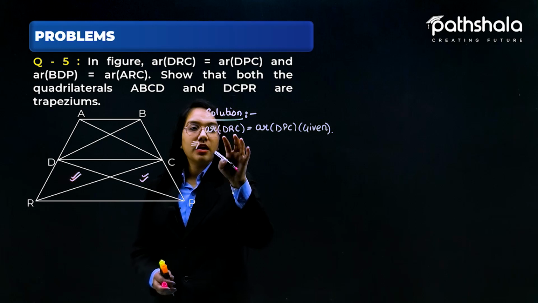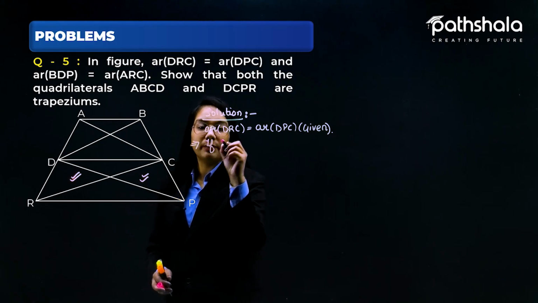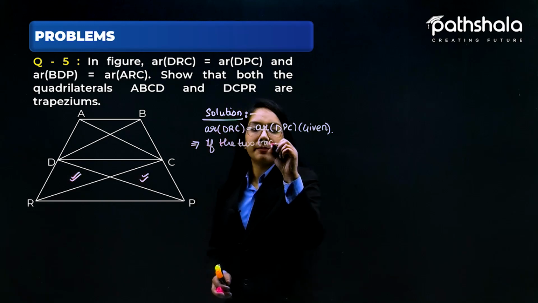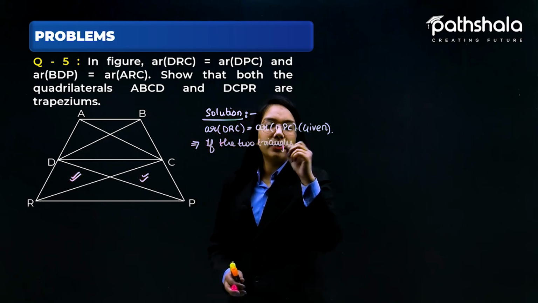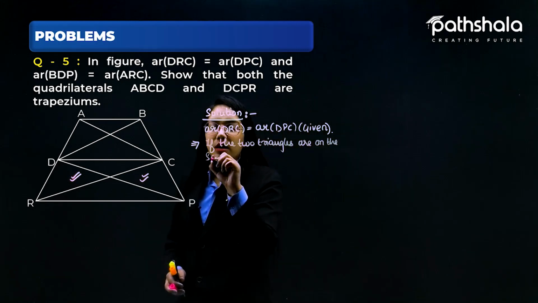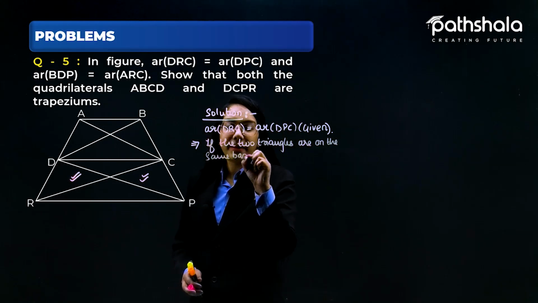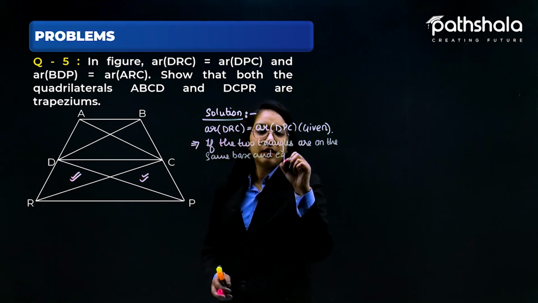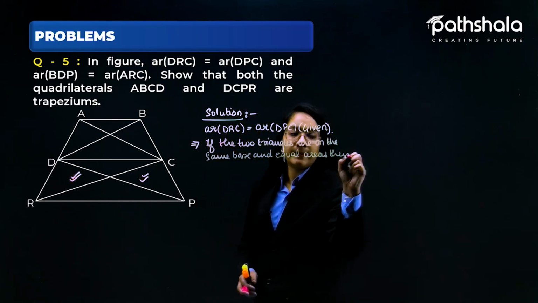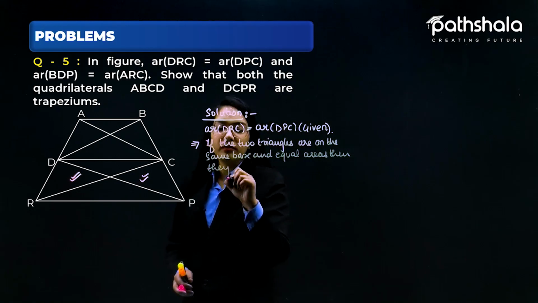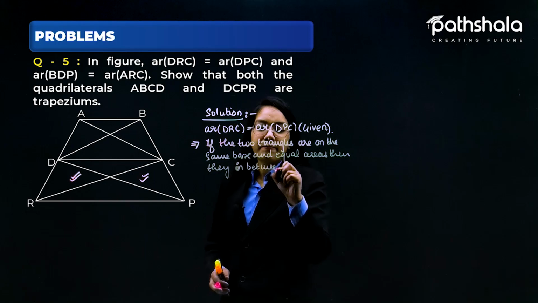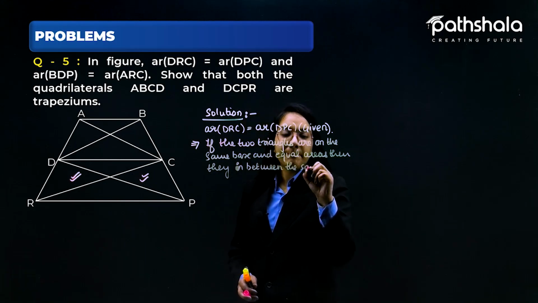So if two triangles are on the same base and have equal areas, then they lie between the same parallels.